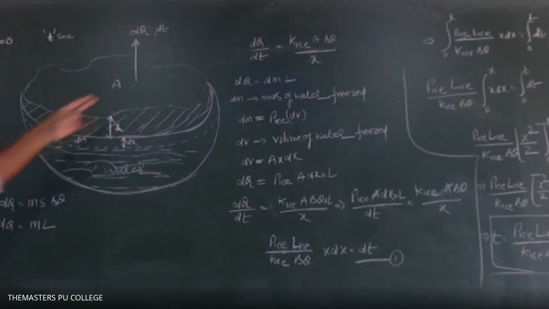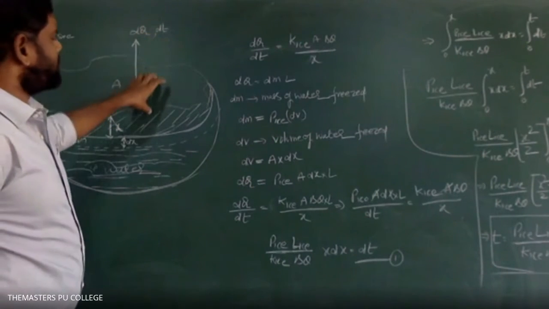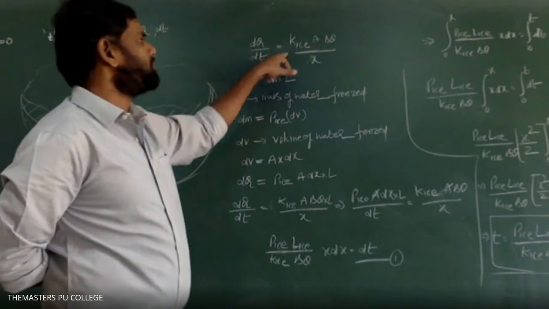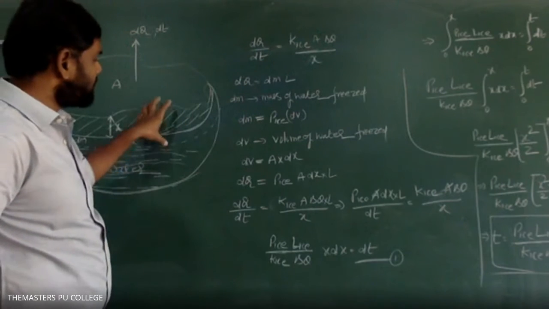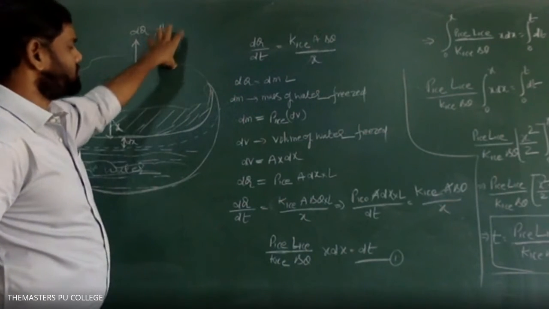So the rate of heat, according to this formula, dq by dt equals K into delta theta by L. So the rate of heat through this ice layer, dq by dt, equals K A delta theta by x. Delta theta is nothing but the temperature difference between the water and the atmosphere.